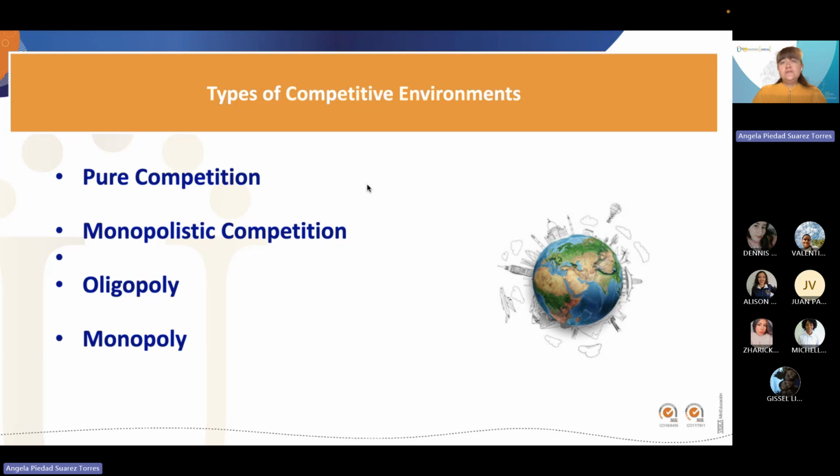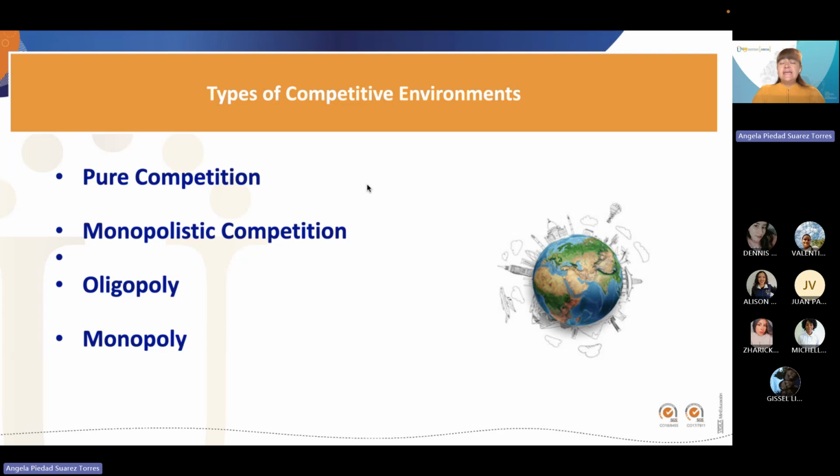There are examples that include global tech giants such as Google or Amazon, or energy conglomerates where market power is concentrated among a few players. Another oligopoly that we can find is the main companies that produce aircraft or airplanes.